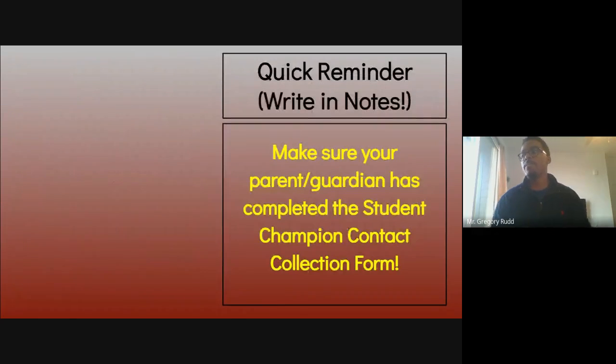One more reminder, there was a parent-guardian requirement. I do want your parent-guardian to share their contact information with me. Most of the contact information is available on PowerSchool, but sometimes that information is outdated. So I want to make sure that I have the correct information, and this is not to punish you all.